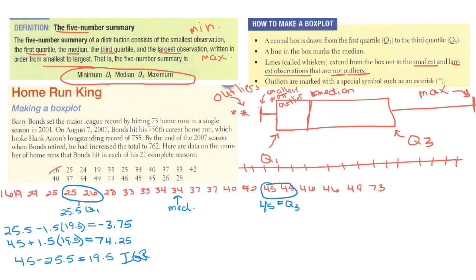Checking for outliers, anything less than -3.75, so I don't think you need negative home runs, or anything greater than 74.25 would be considered an outlier. So in looking at this data set, I don't have any outliers. So on my box plot, I wouldn't have any special symbols. So when I would set up my box plot here, I would have my home runs on this x-axis here.